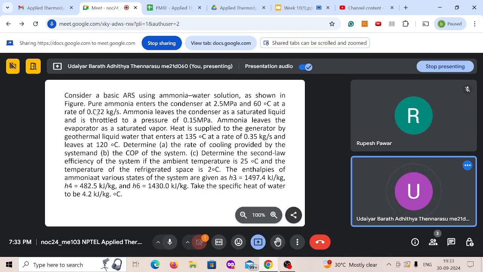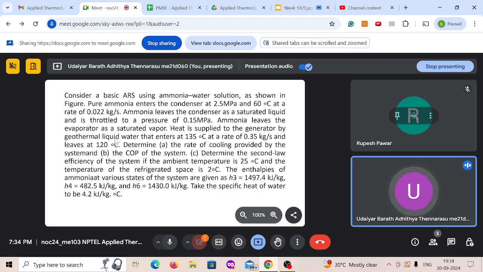Consider a basic ammonia refrigeration system using ammonia water solution as shown in the figure. Pure ammonia enters the condenser at 2.5 megapascal and 60 degrees Celsius at a rate of 0.022 kg per second. The ammonia leaves the condenser as saturated liquid and is throttled to a pressure of 0.15 megapascal.